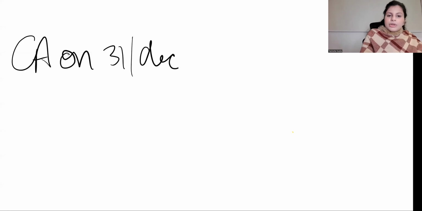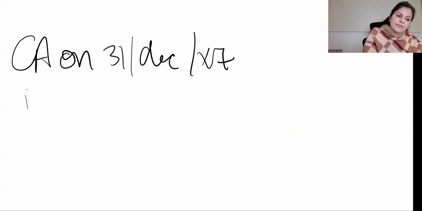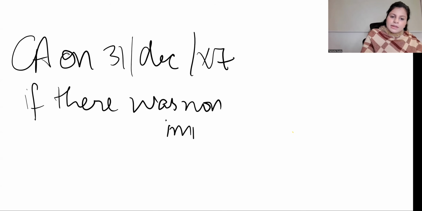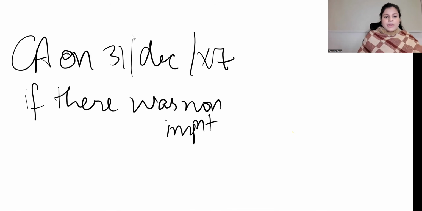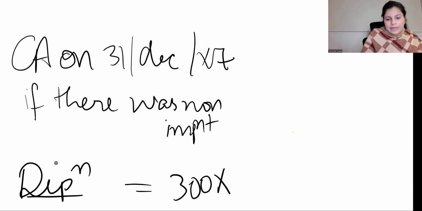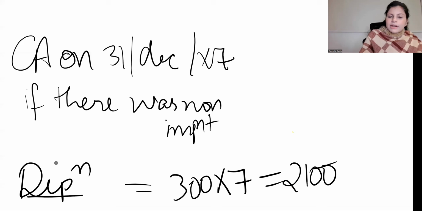31st December 2007, if there was no impairment, would have been how much? I need to calculate my depreciation for the whole years. 7 years have passed. 300 into 7. How much is that? 2100. My total depreciation would have been 2100.